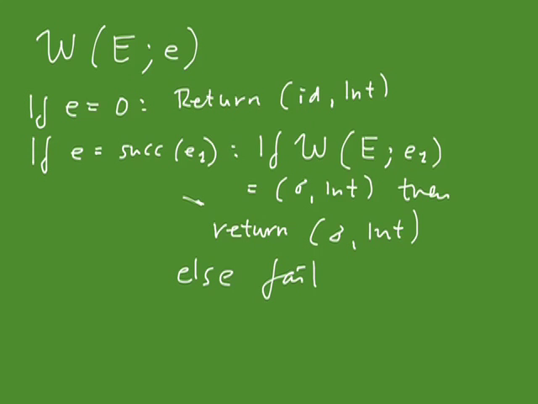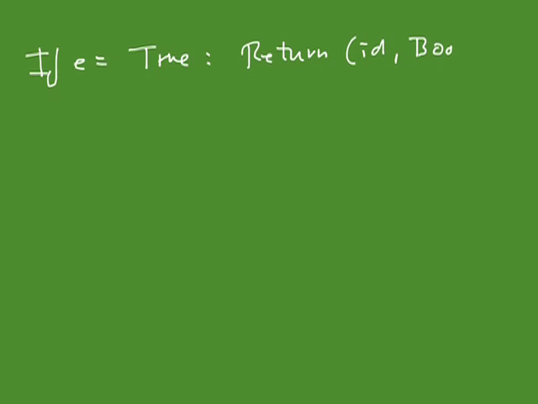So notice that these two cases correspond quite closely to the type rules, and all the cases that we'll show correspond exactly to the type rules, in fact. For Booleans, it's also very easy. If the expression is true, we simply return the identity substitution and the type bool, and the same for false.